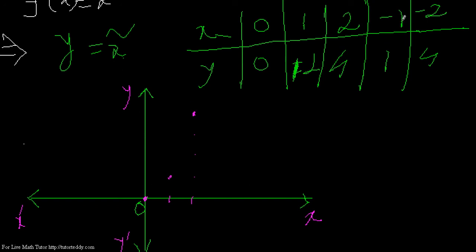And when x equals minus 1, in the left side of 0, that means here, y equals positive 1, that is above origin, which is here. And then when x equals minus 2, that means here, y is still 4. So 1, 2, 3, 4.